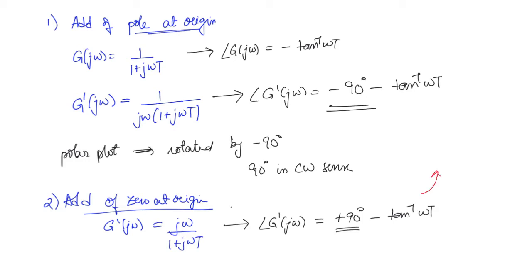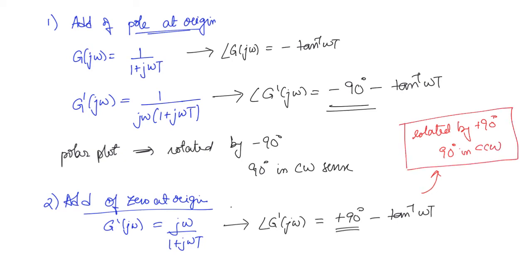So in this case the polar plot will be rotated by plus 90 degrees, or you can say 90 degrees in the counterclockwise sense. This is the case for adding a zero at origin and this is the case for adding a pole at the origin.